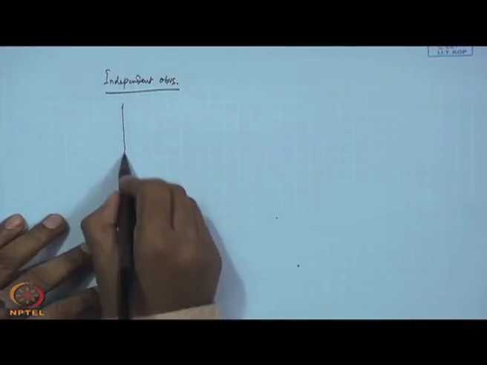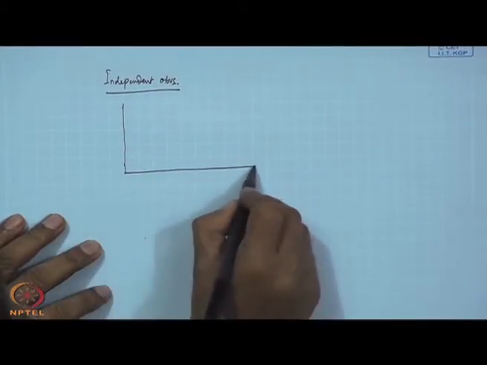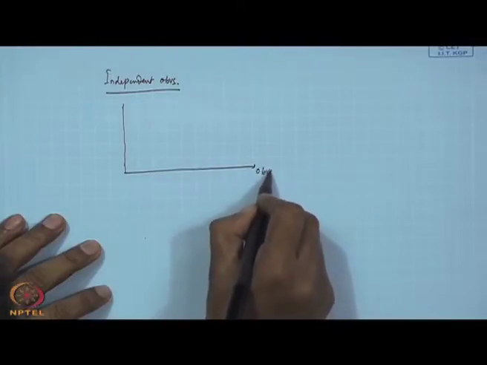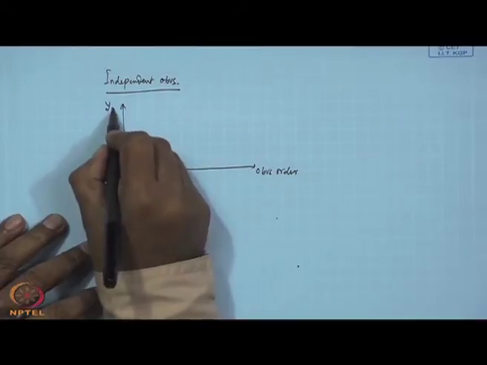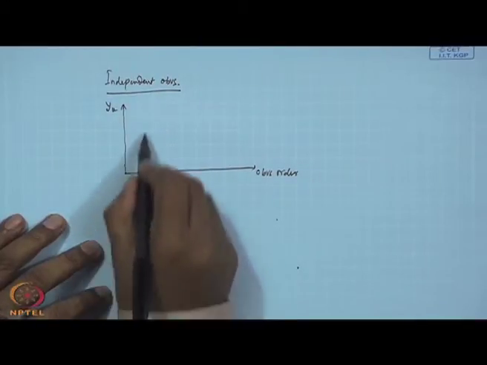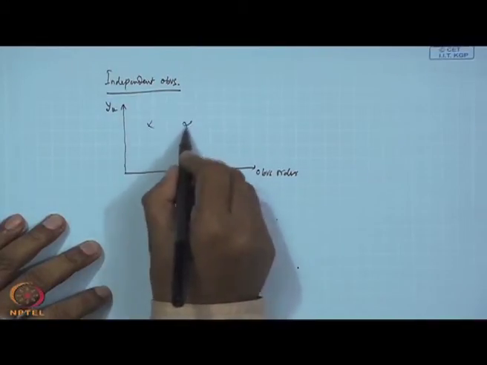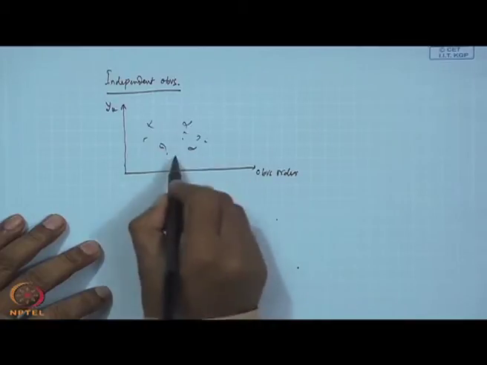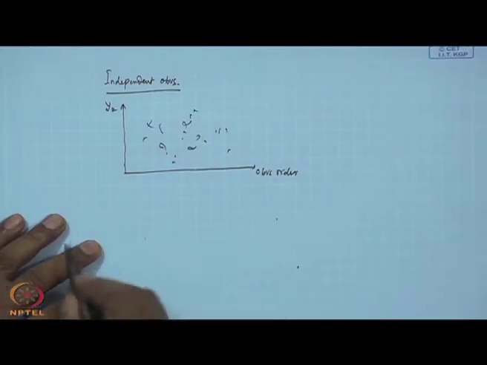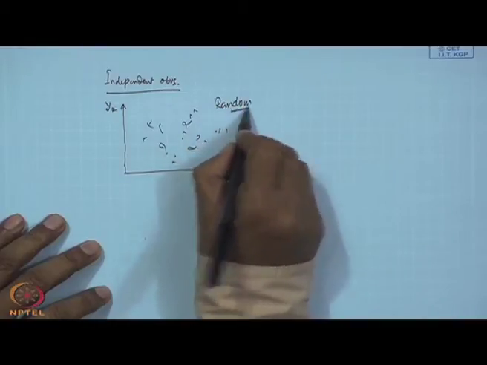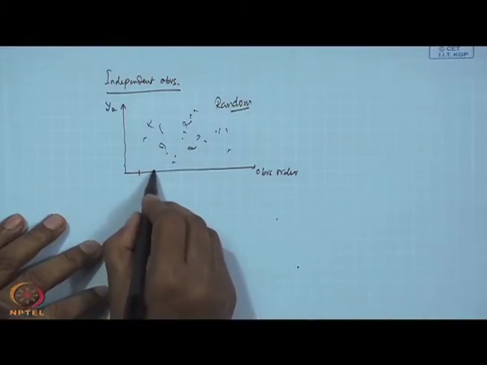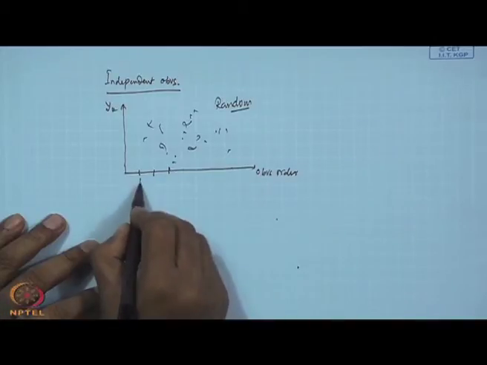So, if you see the observation order plot, for every variable you can do this. Then suppose this is y k, then you will be getting a random plot: first observation, second observation, third observation, like this.